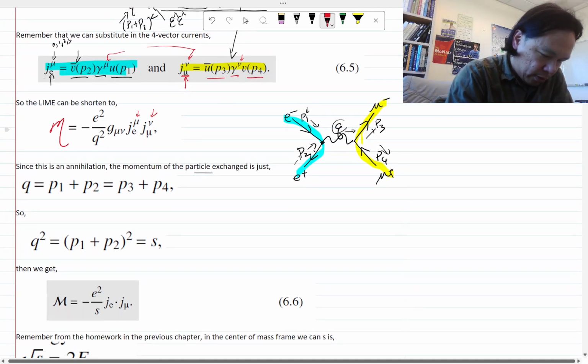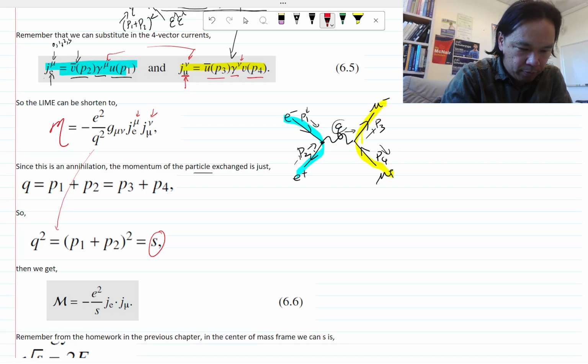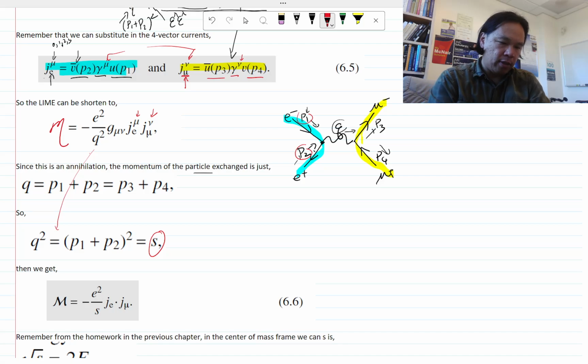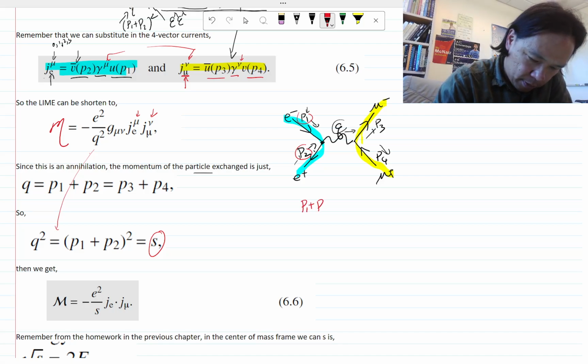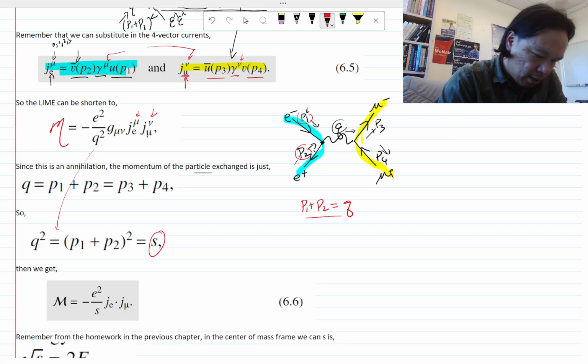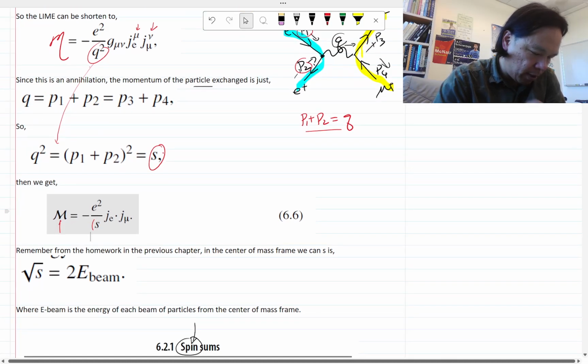And then once again, I just substitute in that q squared is actually equal to s in this case, because we have the two incoming momenta being added together into the q, because p1 plus p2 equals q just from conservation of momentum. Therefore this q squared is actually equal to s. So the matrix element just gives you another factor of s in the denominator.